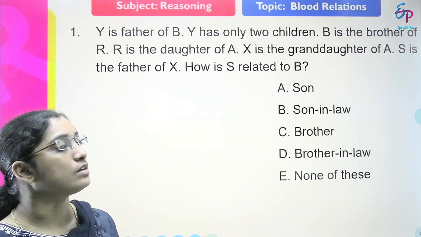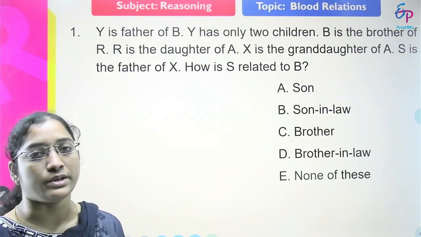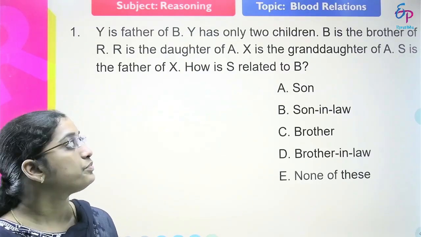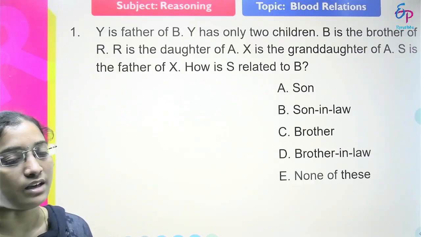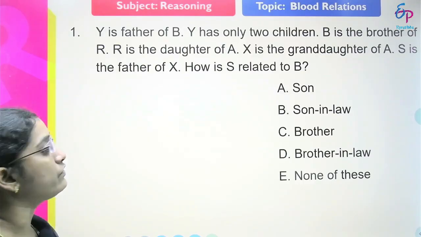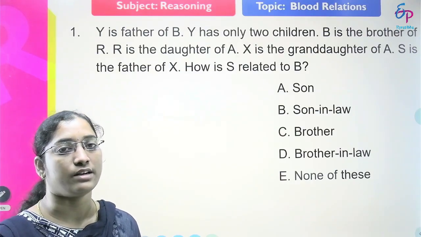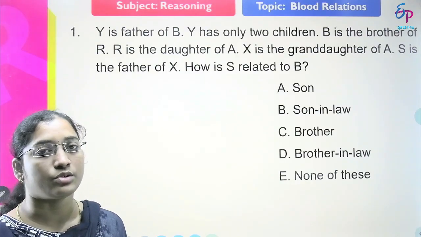They are giving information in a general way, but there are more than 2 statements in this question. That means definitely this question is of puzzle type. For this puzzle type question, we definitely need to draw a basic diagram.